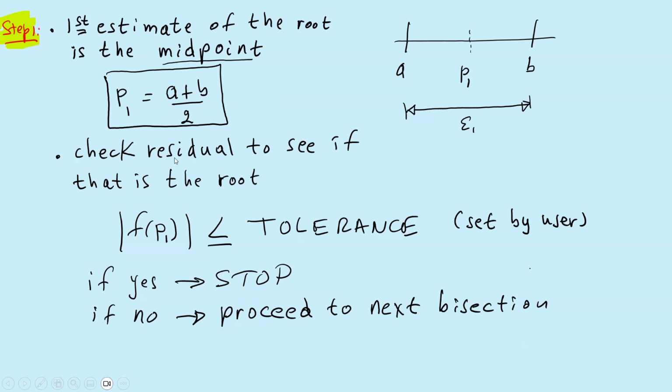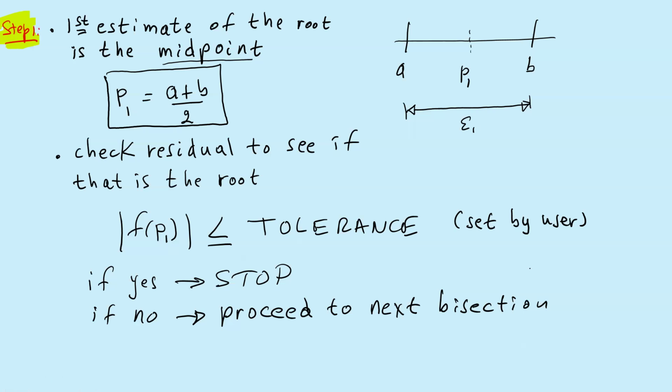We check the residual to see if that is the root. If the residual of the function at P1, at this midpoint, is less than the tolerance, and again, the tolerance is set by the user, it means P1, this midpoint, is the root of this function, and you stop the algorithm.